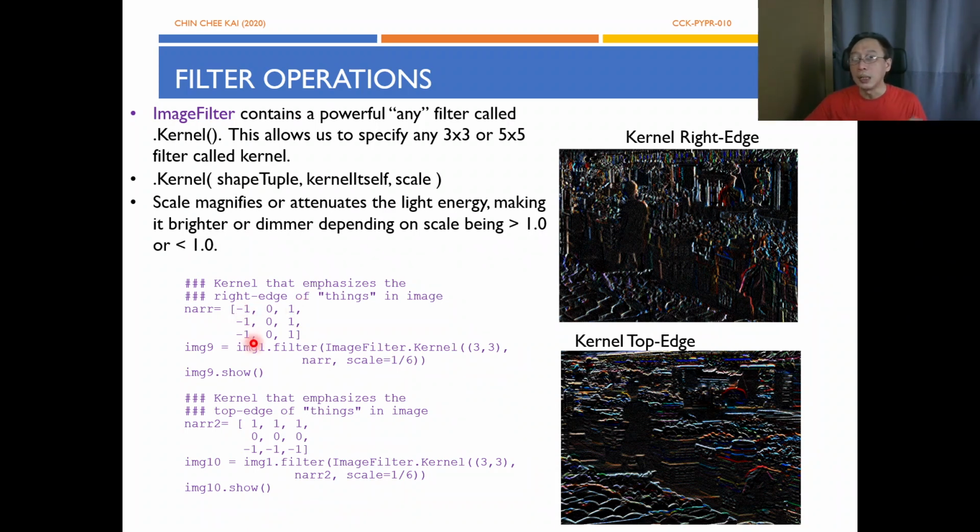So in this case, the outcome becomes, when the filter efficiently applies the kernel all the way through all the 3 by 3 cropping and subpixels of the original image, this is what we get, where the right edges of any discernible object get enhanced, and the left side is not left as it is, but diminished.